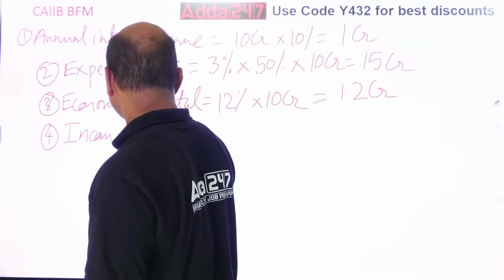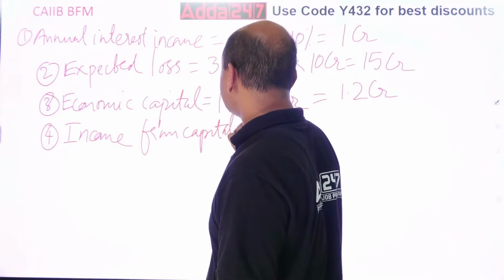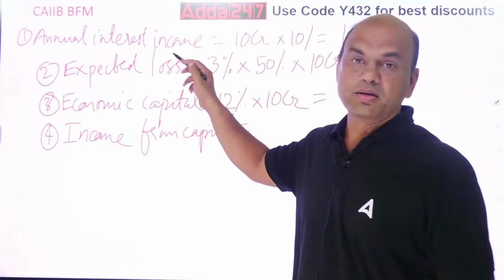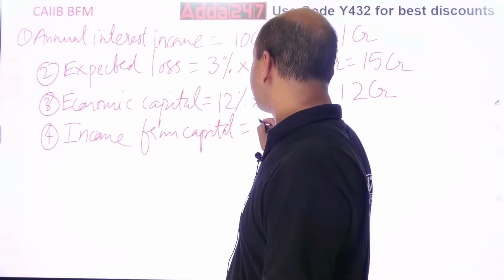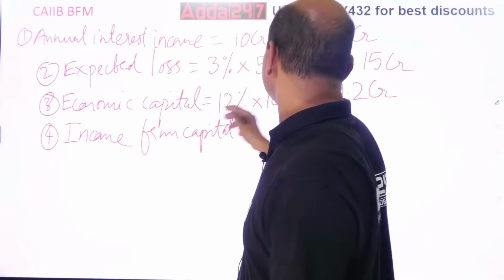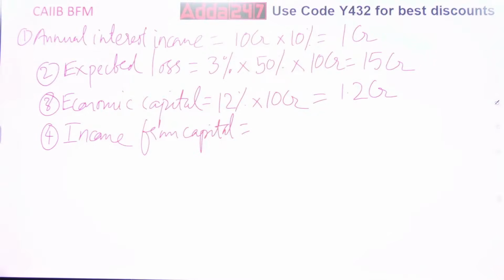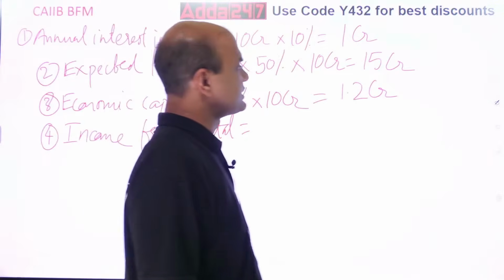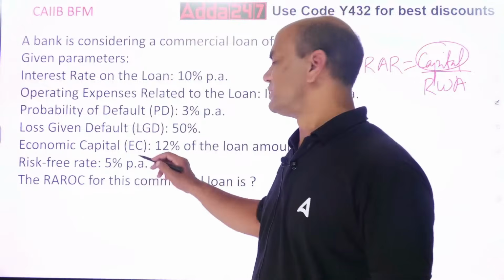Income from capital is a very important term, 1 mark per element, so 5 marks in total. Economic capital is 1.2 CR. You have to multiply this economic capital by the risk-free rate. The FD rate was given as 5%.